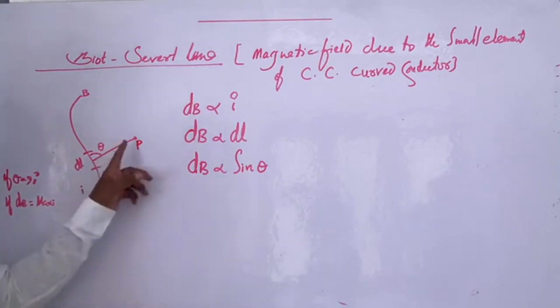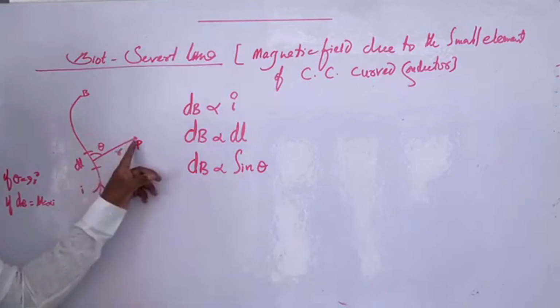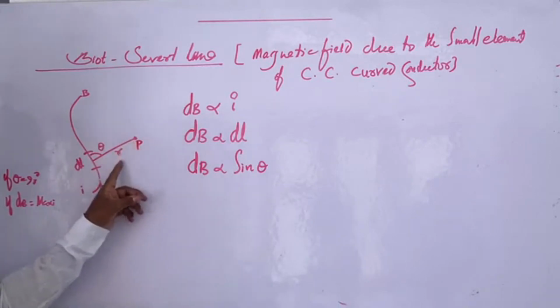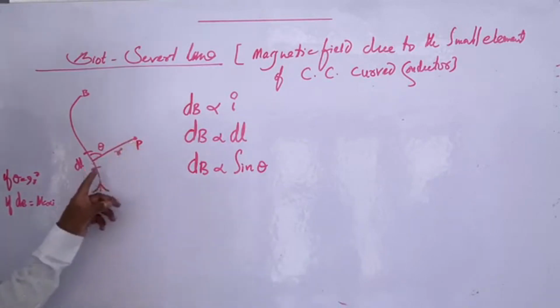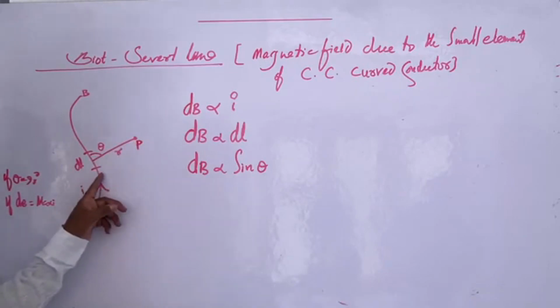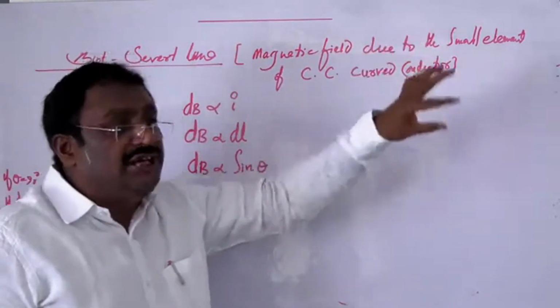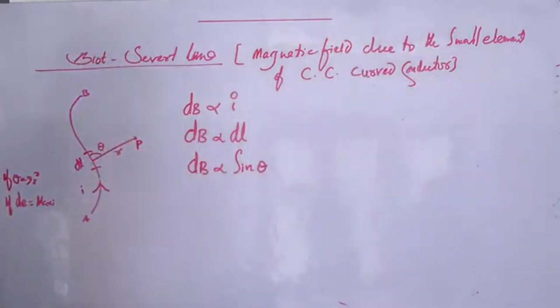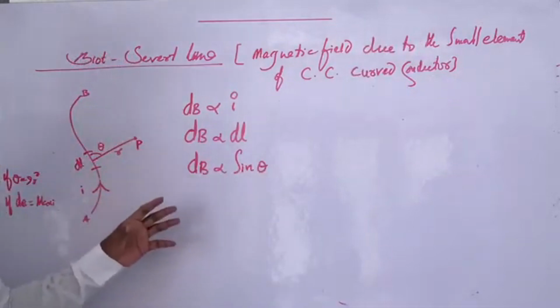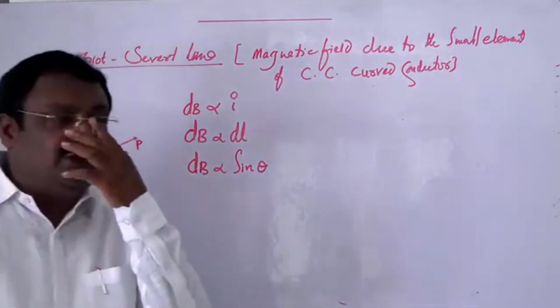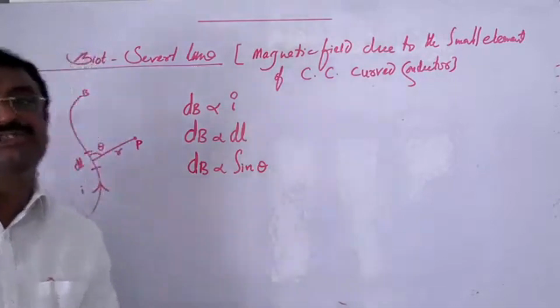Now, it also depends upon the distance. If the point P is brought very near to the conductor, the field becomes infinity. If you take infinite distance, the field becomes zero. So the magnetic field due to the curved conductor also depends upon the square of the distance.